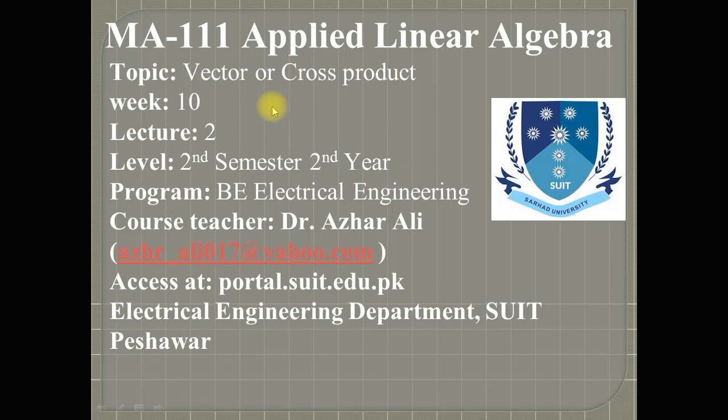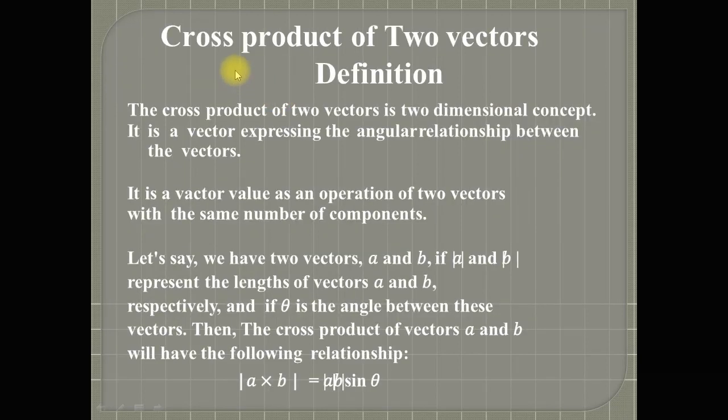In this second lecture of week 10 for the course Applied Linear Algebra, today we are going to learn about vector product or cross product of two vectors. So, dear students, cross product of two vectors.